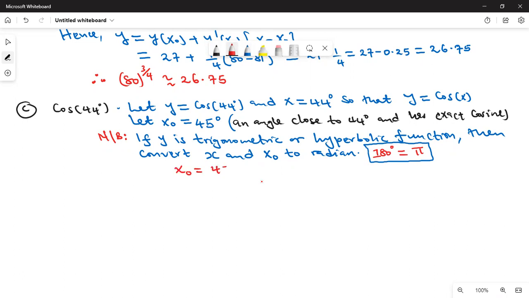That is 45 pi over 180, and this is the same as pi over 4. What about x? X will now be 44 pi over 180. When you simplify, that is 22 over 90, which is 11 over 45. 11 pi over 45.